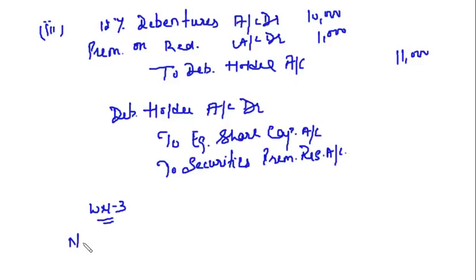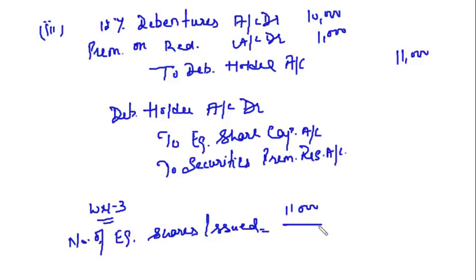So, number of equity shares issued. What is the total amount that is payable? 11,000. Now, what is the face value? Face value is 10 plus the premium of 25%. How much is it? 11,000 divided by 12.5.